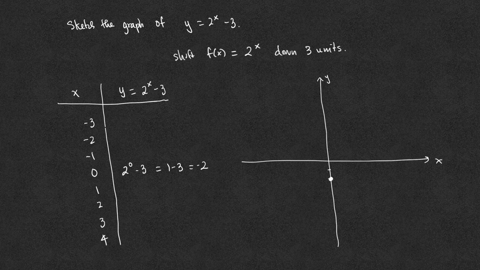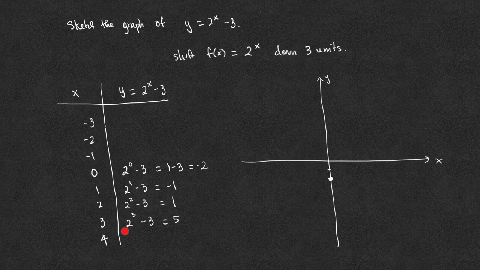Similarly, if we plugged in 1, 2 to the 1 minus 3 is 2 minus 3 or negative 1. 2 to the 2 minus 3 is 4 minus 3, which is 1. 2 cubed minus 3 is 8 minus 3. 2 cubed is 2 times 2 times 2, which is 8, minus 3 is 5.